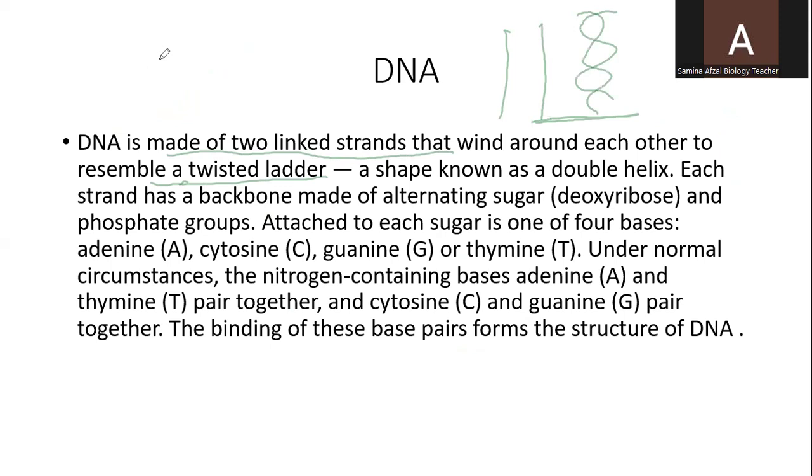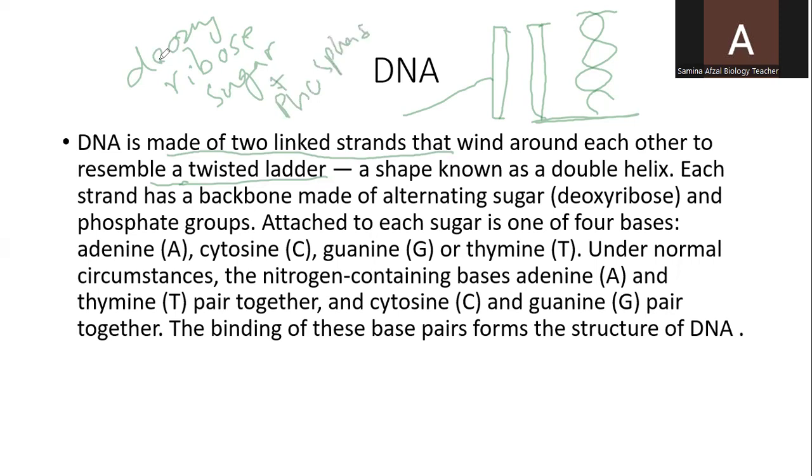Each strand has a backbone made up of alternating sugar and phosphate groups. You can say this is the backbone. It is made up of deoxyribose sugar and phosphate groups.